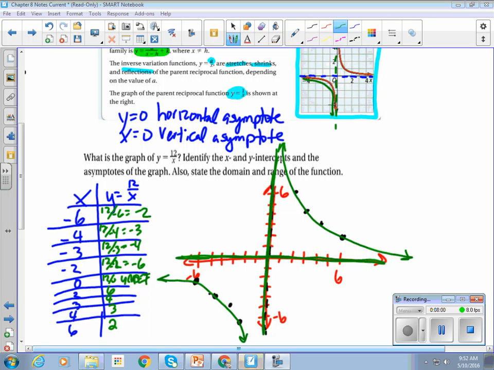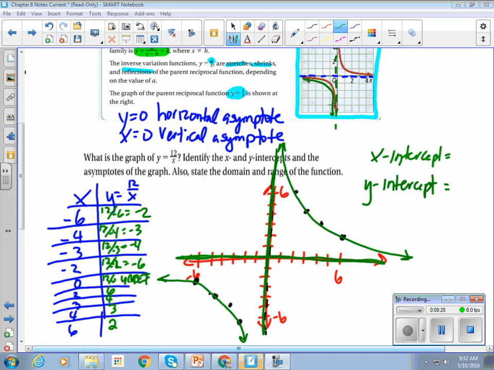What is the graph of y equals 12 over x? Check. Identify the x and the y intercepts. Where does my graph have x equals 0 and y equals 0? So my x intercept and my y intercept.